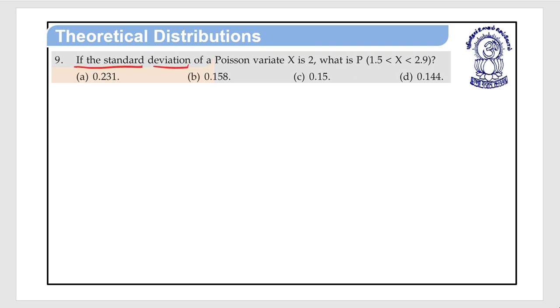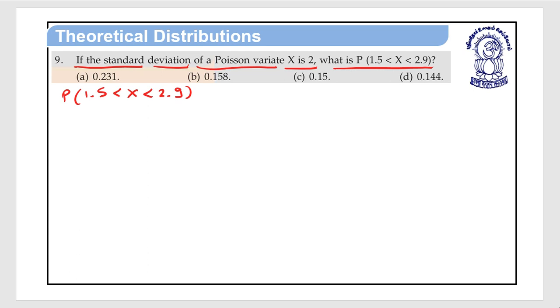If the standard deviation of a Poisson variate X is 2, what is P of 1.5 less than X less than 2.9?